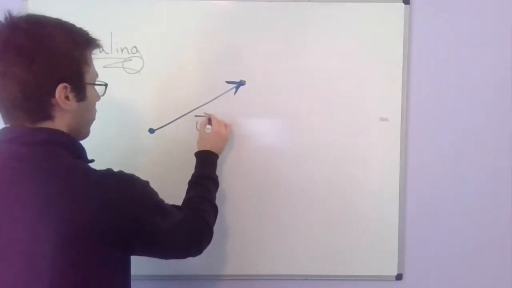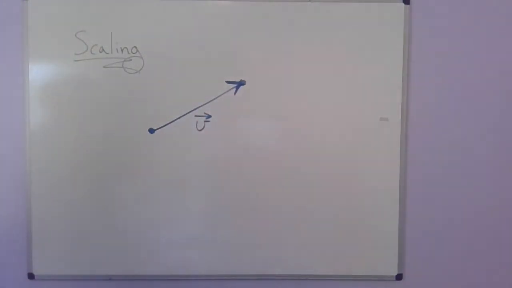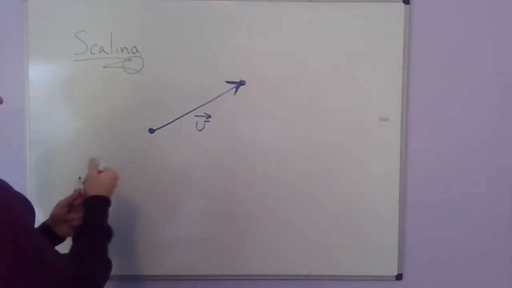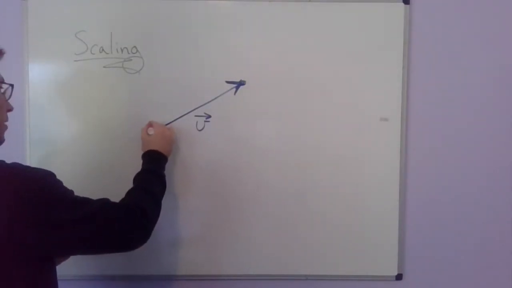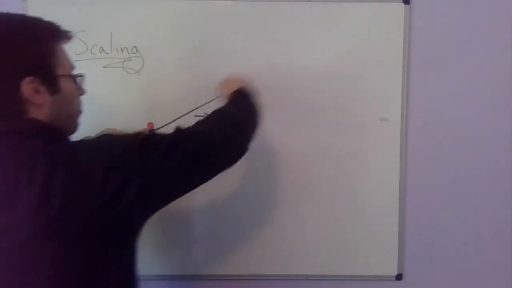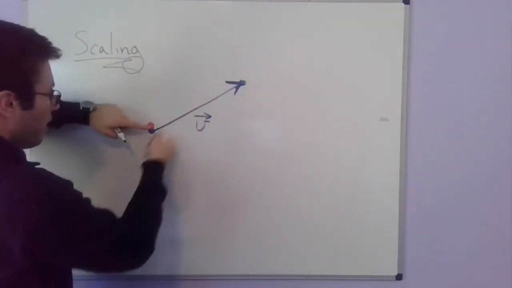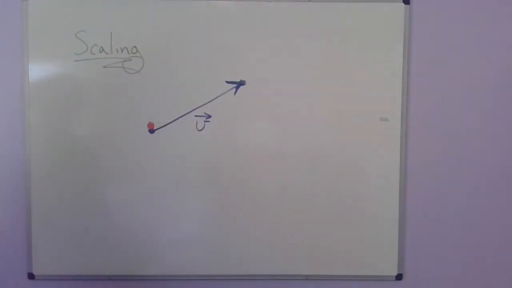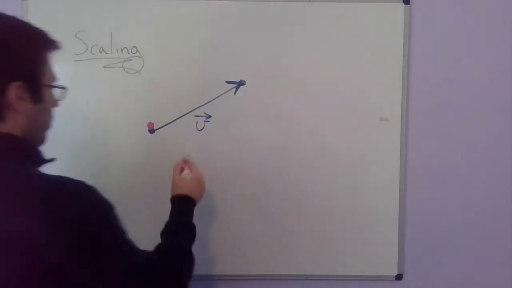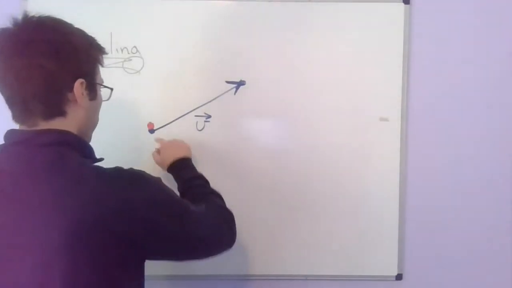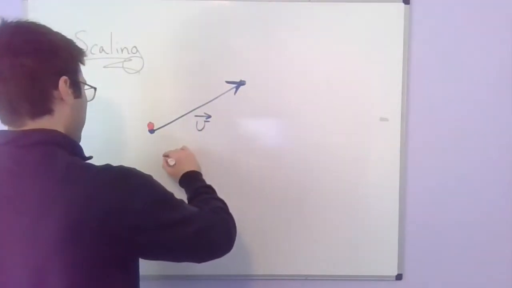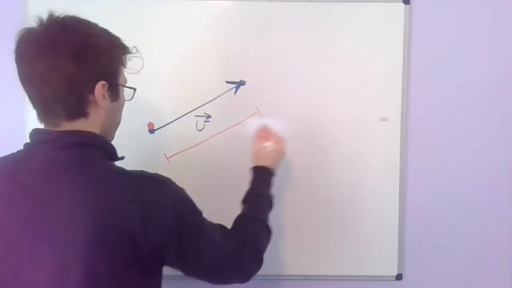Let's say it's V, and it's written like that. What I can do with that vector is I can scale it. I can make it bigger and smaller. This is always going to be the base of the thing. And you can make it bigger, or you can make it smaller, and you can also move it this way as well. You can go as long as it's collinear with it. So let's say this vector had a magnitude or a length. I took a ruler and I measured the distance from here to here, and let's just say that distance was 3 inches.